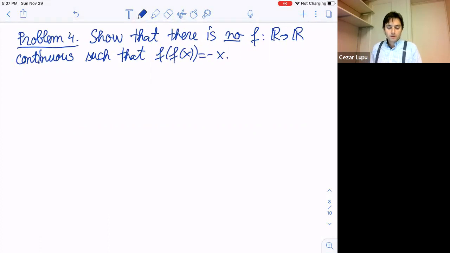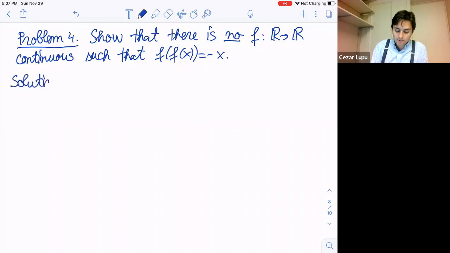All right. As you can see, we have a functional equation. We have the composition of f with itself, and it says it's the negative identity.